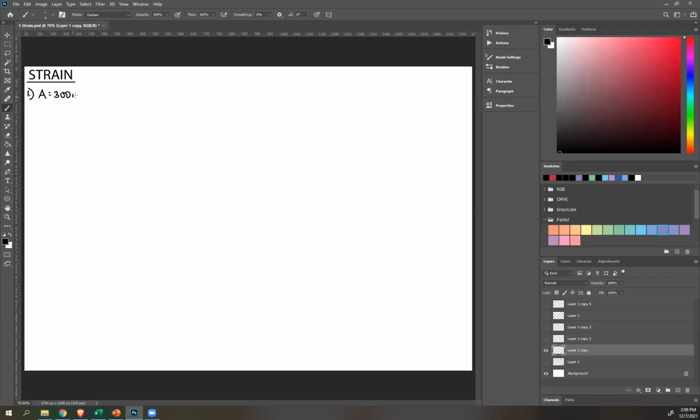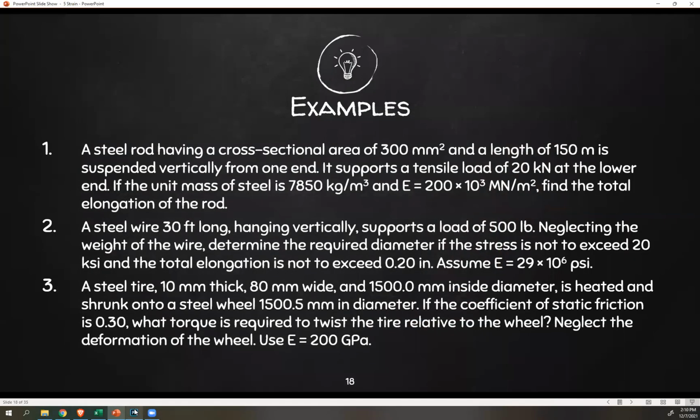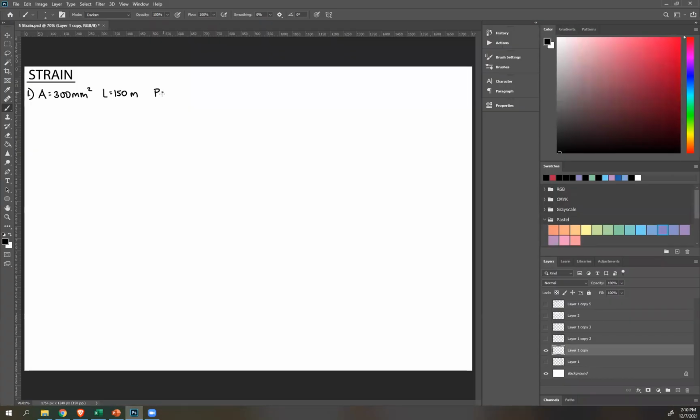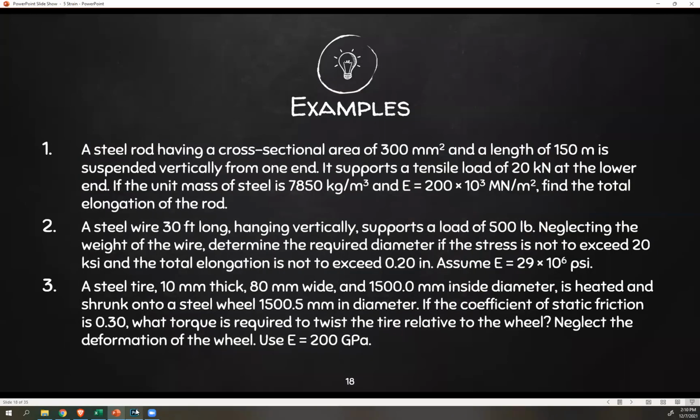So area 300 millimeters squared, and a length of 150 meter, is suspended vertically from one end. It supports a tensile load of 20 kilonewton. So that's your load, P, 20 kilonewton at the lower end.